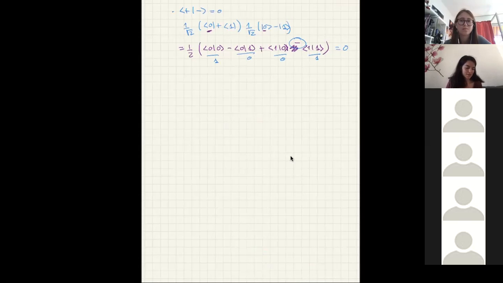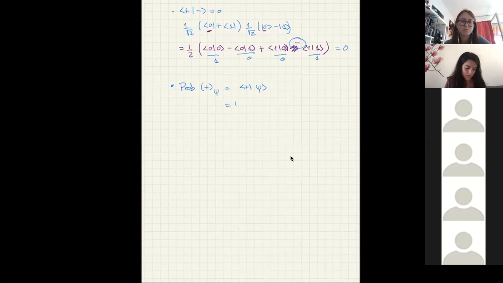Now we want to measure that state in this basis and know what's the probability. So we want to see the probability of measuring, for example, plus in this state psi. And this is again the inner product of plus with psi, squared. You'll do this kind of exercise in exercise class.